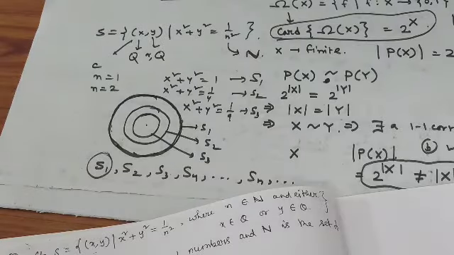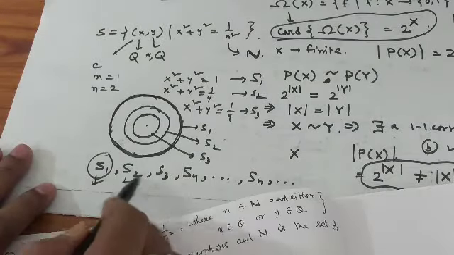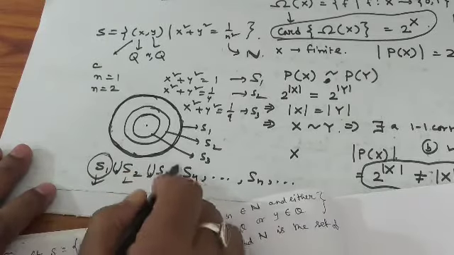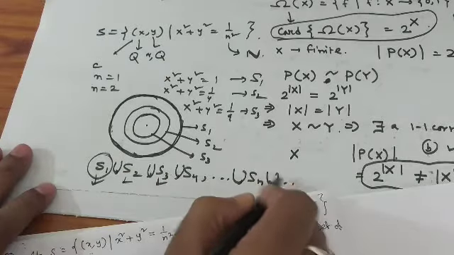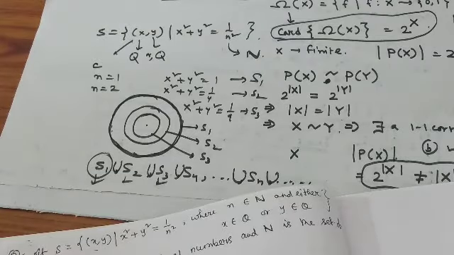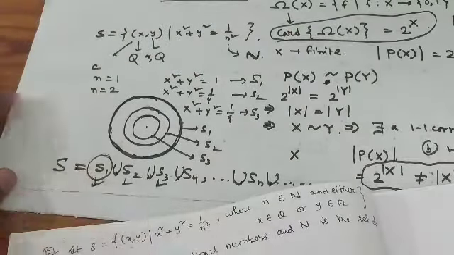Thus your first S1 is countable, second one is countable, third one is countable, and consider the union, then the whole union is obviously a countable union. So what you are getting? A countable union of countable sets. Thus S is going to be countable.